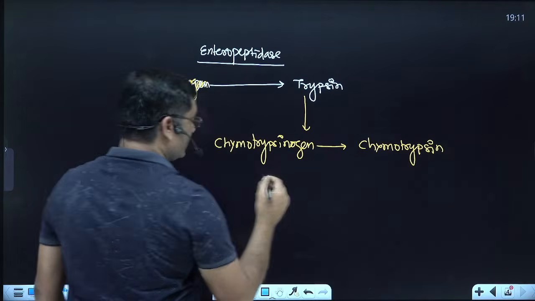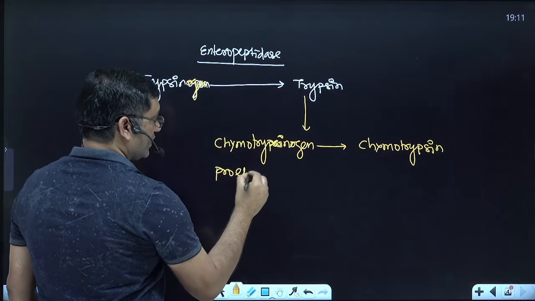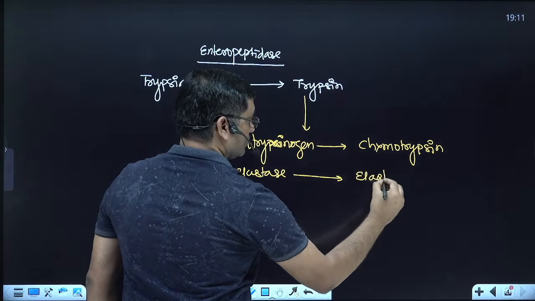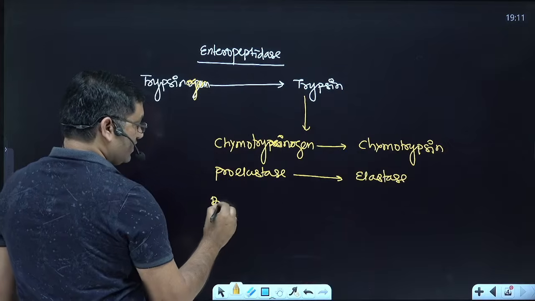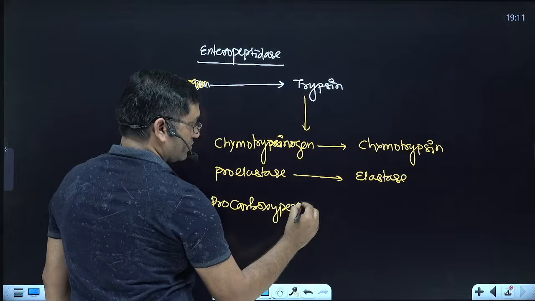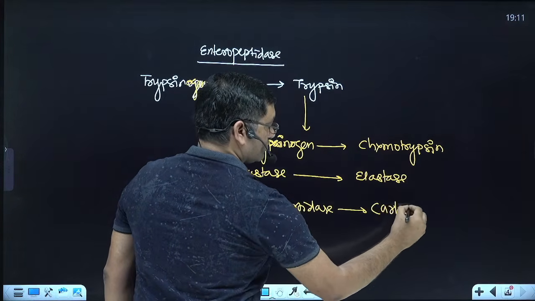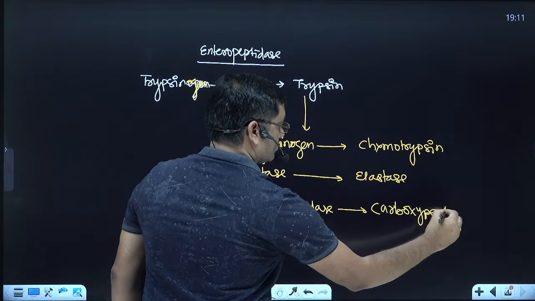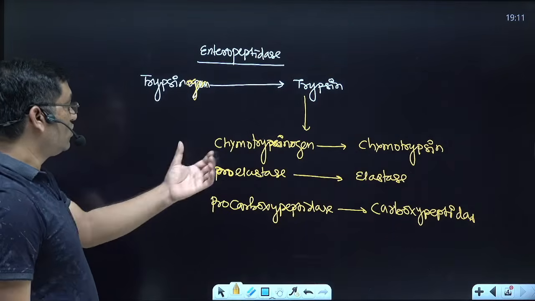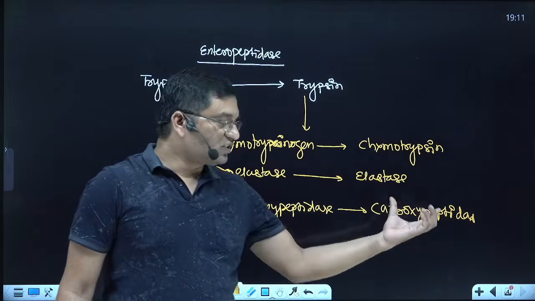It also catalyzes the conversion of proelastase into elastase, procarboxypeptidase into carboxypeptidase. So this is by the trypsin. Trypsin causes the conversion of chymotrypsinogen into chymotrypsin, proelastase into elastase, procarboxypeptidase into carboxypeptidase.